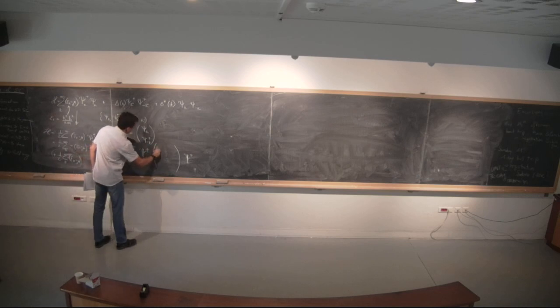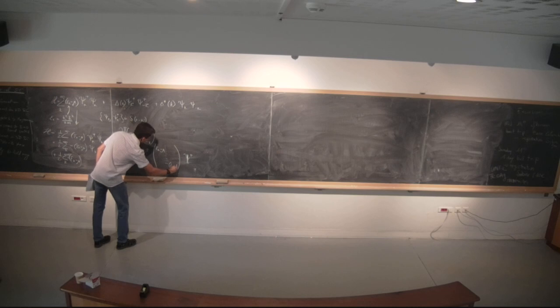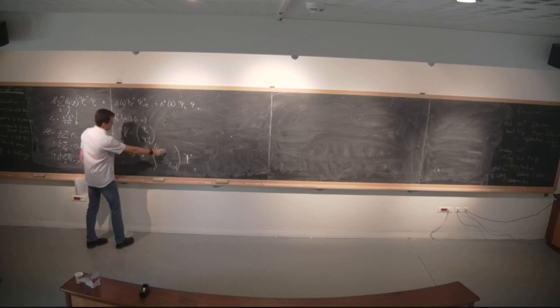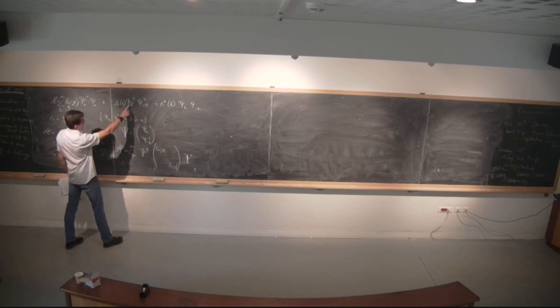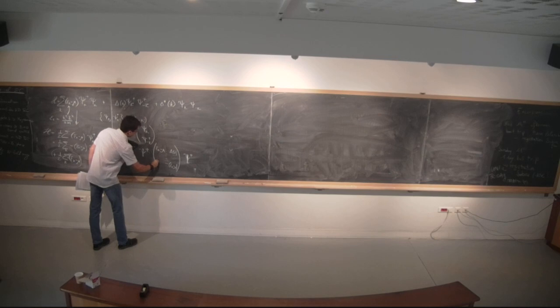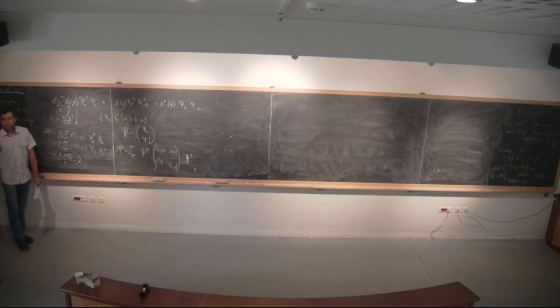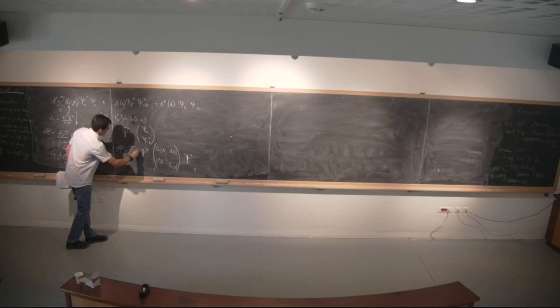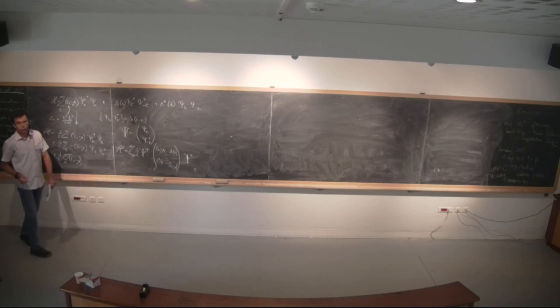Over here I will have epsilon k minus mu. Over here I will have minus epsilon k minus mu. Now the term standing here would couple psi dagger to psi dagger. So therefore this would be delta that depends on k. And this would be delta star, complex conjugate, that depends on k. Now there is this 1/2 that enters over here, right? And so what I should actually do is write down here a factor of 1/2.